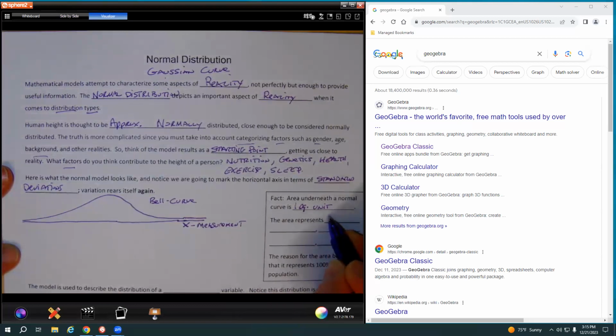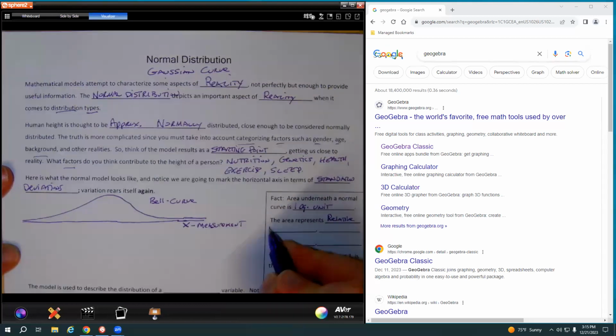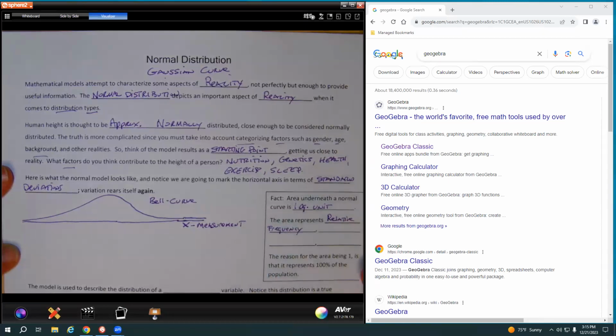So what does the area represent? Well, the area represents relative frequency. Probability, if we're thinking of it in terms of probability theory, which we will.